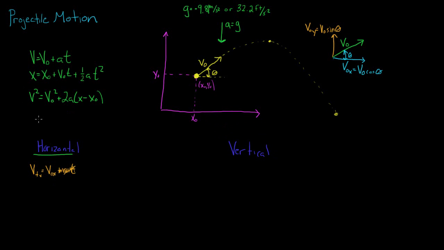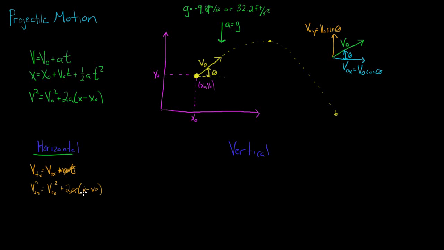Okay, and if we look at this third equation, we will find the same thing. The final velocity squared of our x component is going to be equal to the initial velocity squared of our x component plus 2 times the acceleration times our final x minus our initial x.